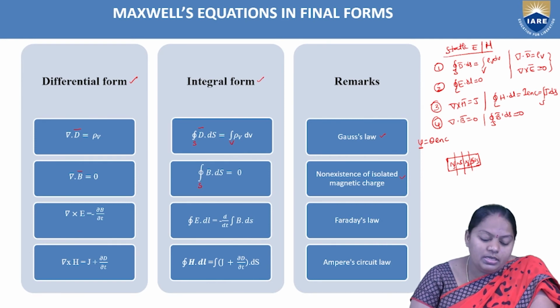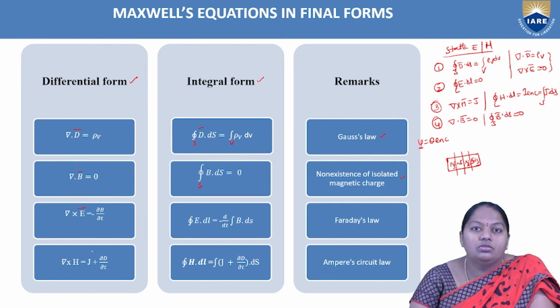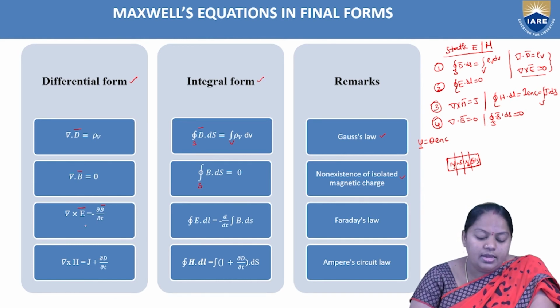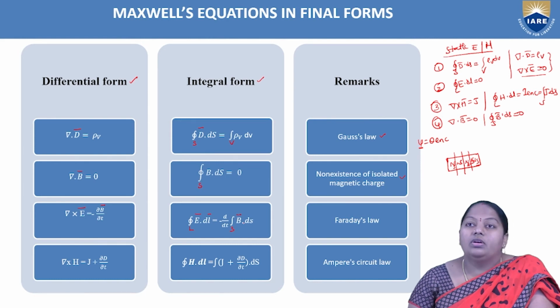Now coming to the third Maxwell's equation, del cross E bar equal to minus dou B bar by dou t. According to the static electric fields, del cross E bar equals 0, and this is modified for time varying fields as del cross E bar equal to minus dou B bar by dou t, and the integral form is closed line integral L E dot dl is equal to minus d by dt integral S B dot dS.